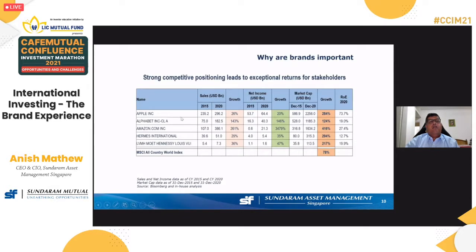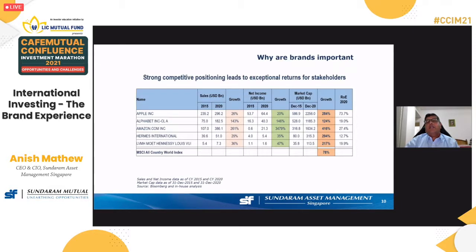So these are 5 leading global brands. And you can see that I've taken the period between 2015 and 2020. You can see that, despite 2020 being a washout because of COVID, sales have grown consistently. So has the net profit for these companies.